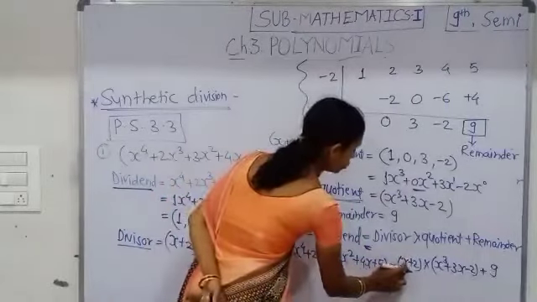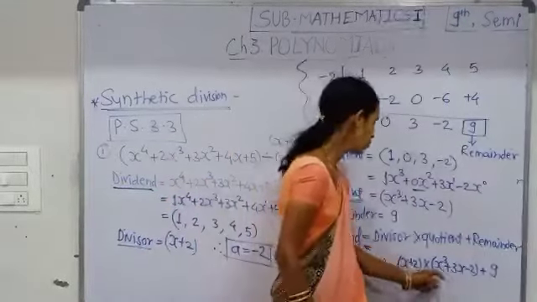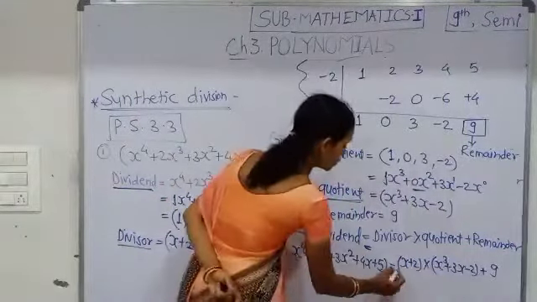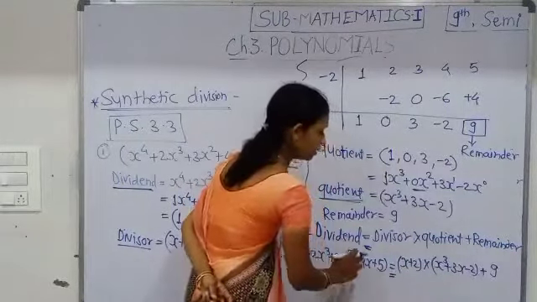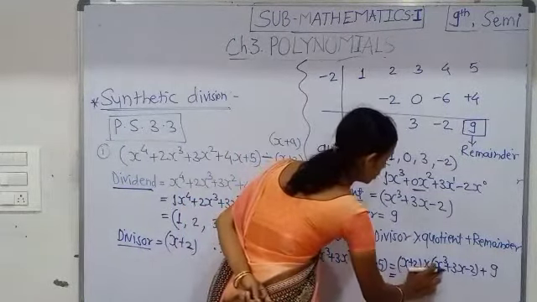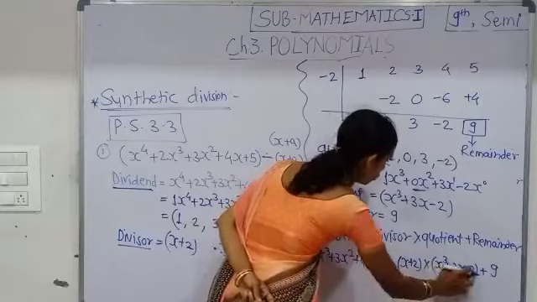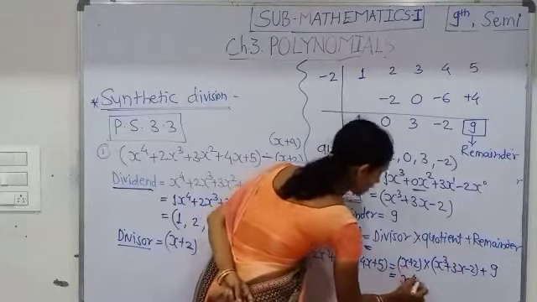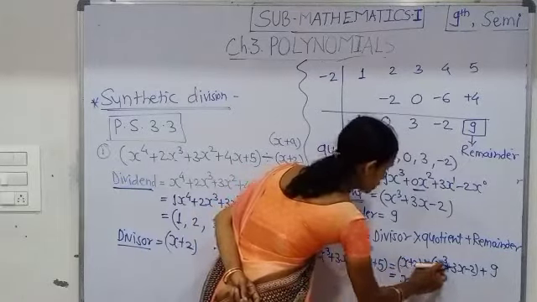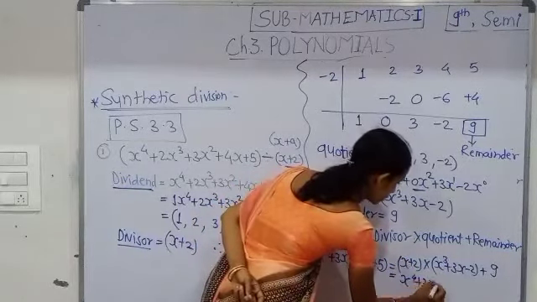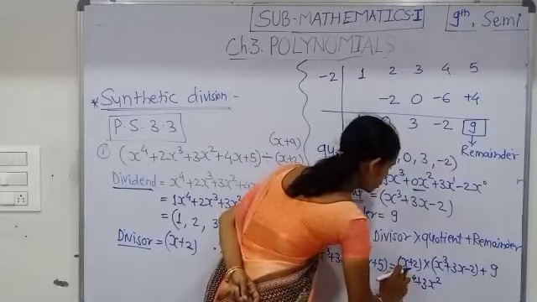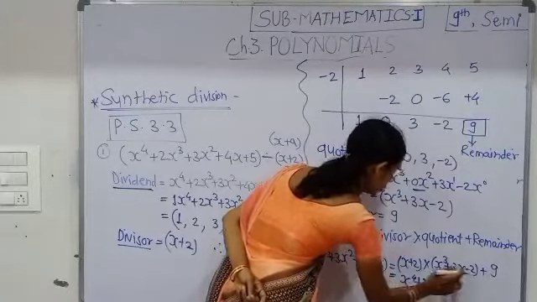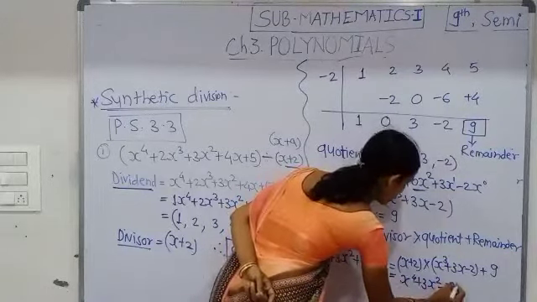Then we have to multiply this polynomial by x plus 2. First of all, we multiply it by x: x into x cube is x raised to 4, plus x into 3x is 3x square, plus minus 2 into x is minus 2x.